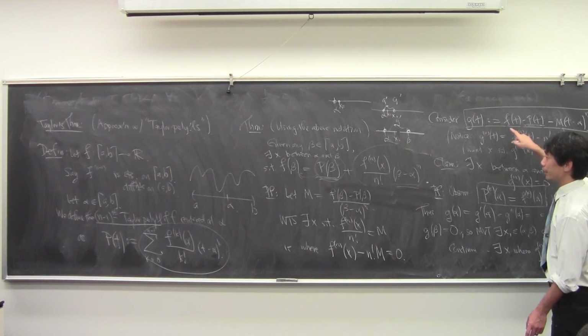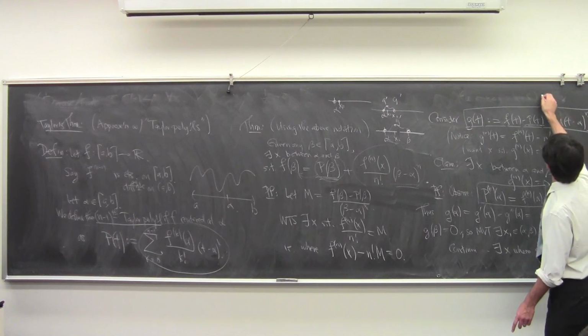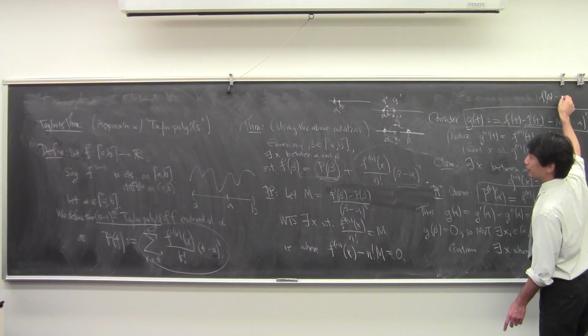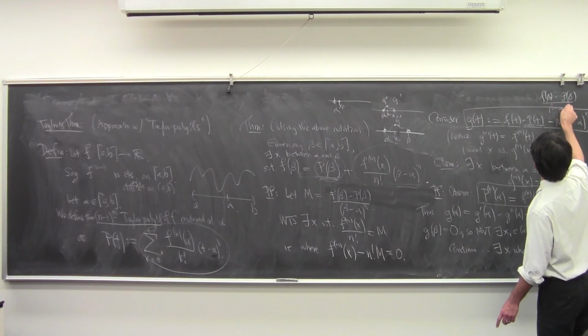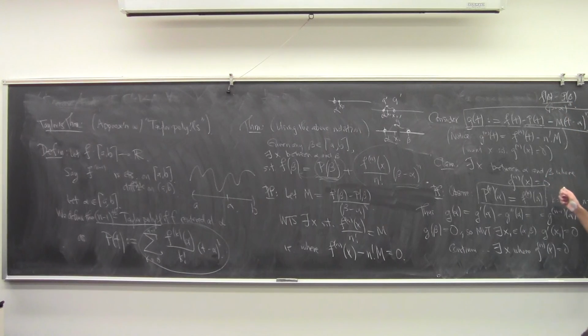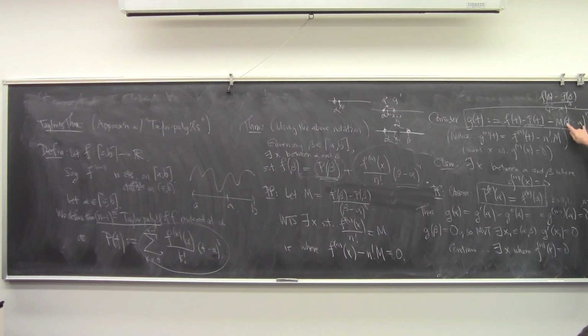M is f of beta minus p of beta over beta minus alpha to the n. Right, so we're multiplying it by t minus alpha to the n. When we put in a beta, when we take g of beta, what do we get? This is going to cancel with this. We get f of beta minus p of beta, minus f of beta minus p of beta. So that's 0.